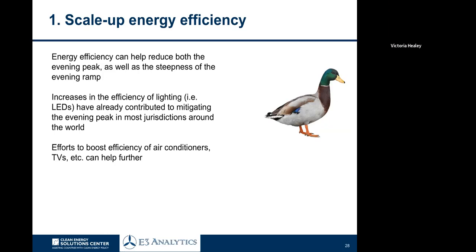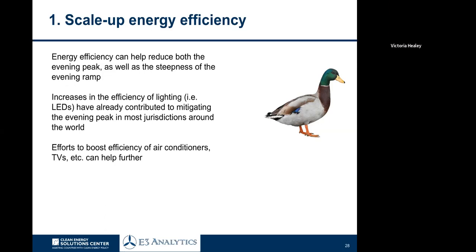Increases in energy efficient lighting like LEDs have already contributed to evening peak shaving in most jurisdictions around the world. So LEDs have already made a huge contribution to this, above and beyond incandescent light bulbs, which were dominant in the 1980s and 90s. Efforts to boost the efficiency of other appliances like air conditioners, televisions, etc., can also help further reduce that evening peak.